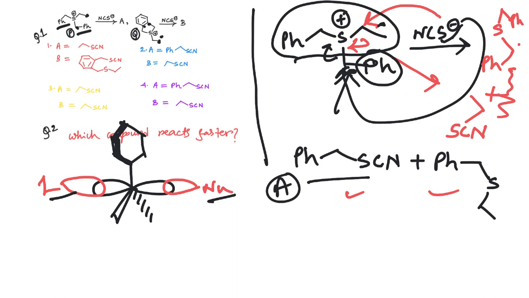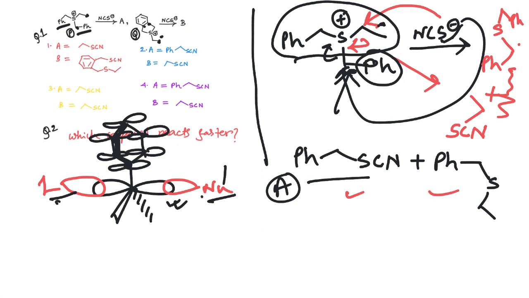Now you can see all these p orbitals are there, right? These p orbitals are actually parallel with respect to the orbital which is developed in the transition state, involving the nucleophile, this carbon atom, and this leaving group.